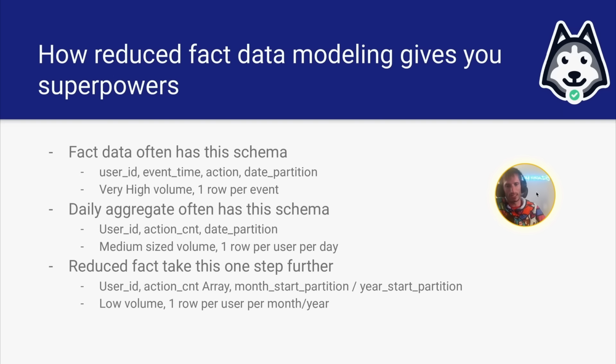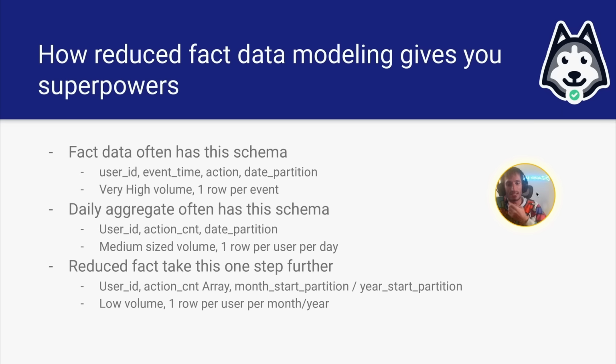Take this one more step, right? So in this case, what you have is a user ID, and then an array of action counts. It essentially cuts the daily data, it divides it by 30 if you use month, but it can also divide it by 365 if you use year. So you can pick which way you want to do it.